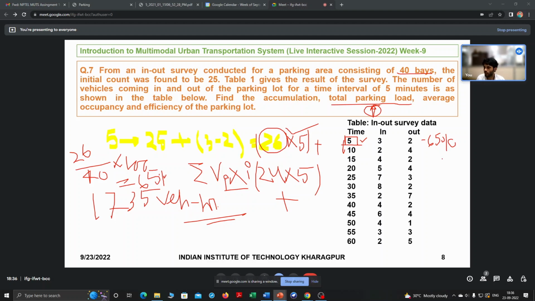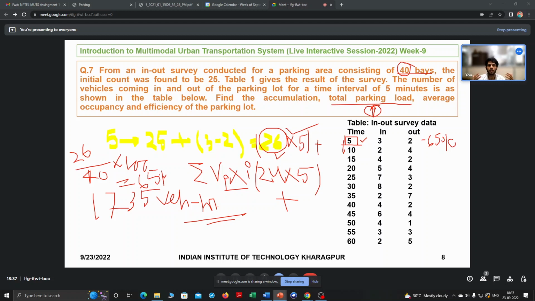Then you need to calculate the parking accumulation, and divide it by 40, because your maximum number available is 40. So for each time interval, you see how many spaces are available for parking and how many vehicles there are, because the total is fixed at 40 bays.